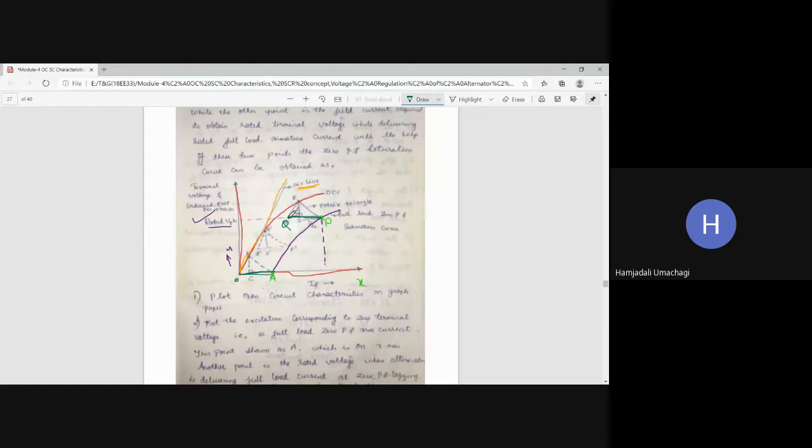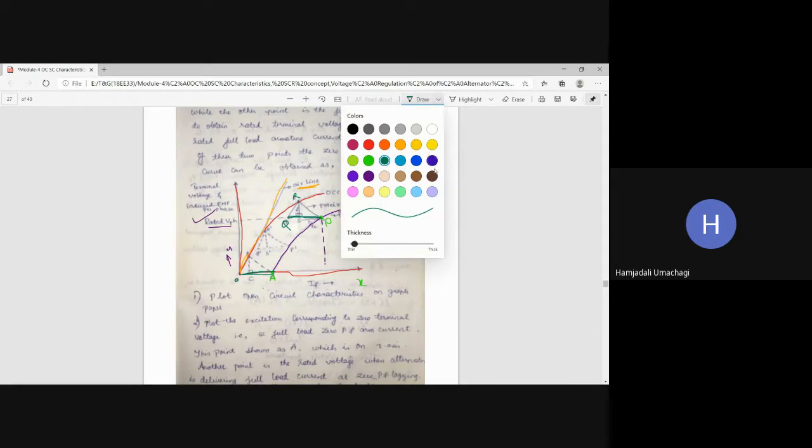Once it touches the point Q, at the other side the scale is also going to touch the OCC. Wherever the other point of the scale is touching or intersecting the OCC, call that point R. Once you get this point R, join the points.